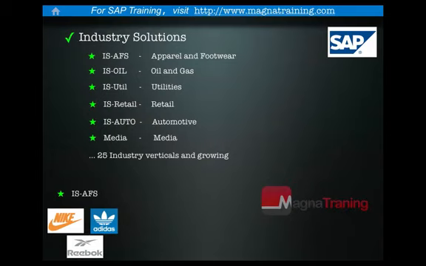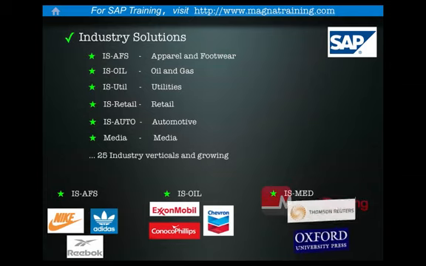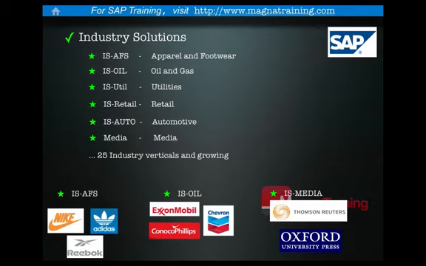Nike, Adidas, Reebok, all of these apparel and footwear companies use the industry solution AFS. ExxonMobil, ConocoPhillips, Chevron, these oil giants use the IS solution called IS Oil. And IS Media, as I was mentioning, is used in companies like Thomson Reuters, Oxford University Press, and even the film producing company Lionsgate uses IS Media.